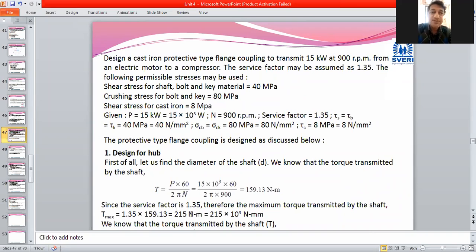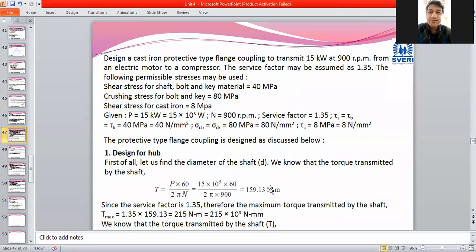Since the service factor is 1.35, we have to multiply the calculated torque by that factor. So the design torque, for which we are going to design the dimensions, will be equal to the service factor multiplied by the calculated torque.